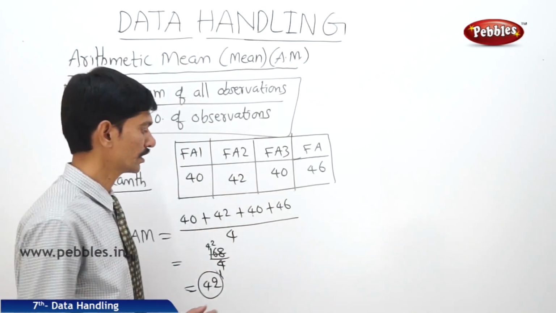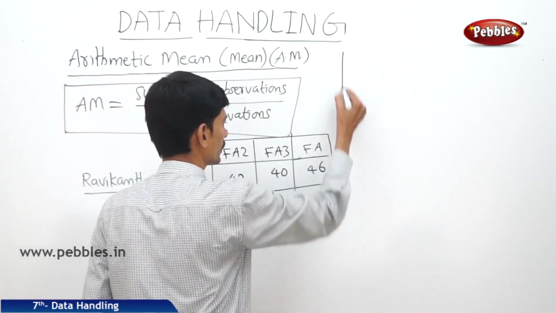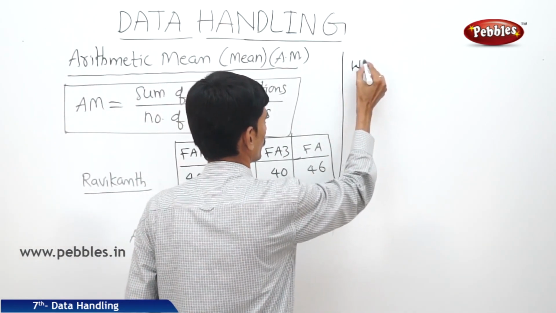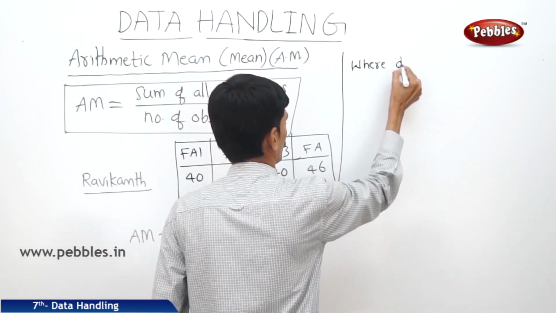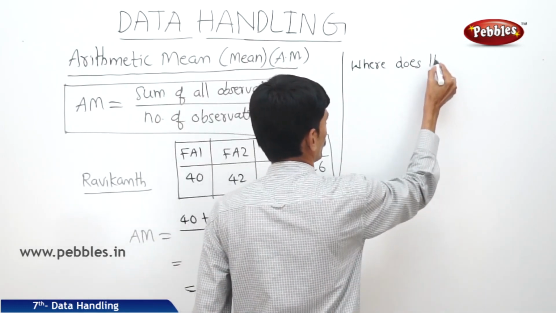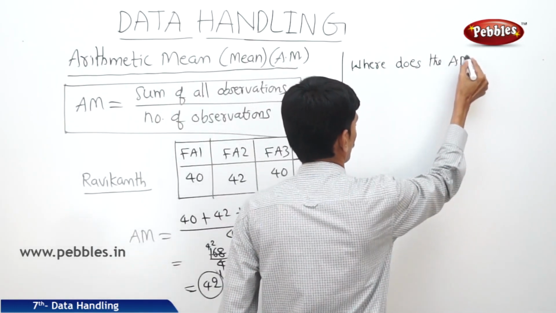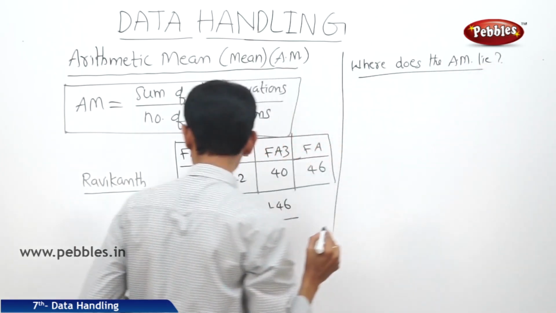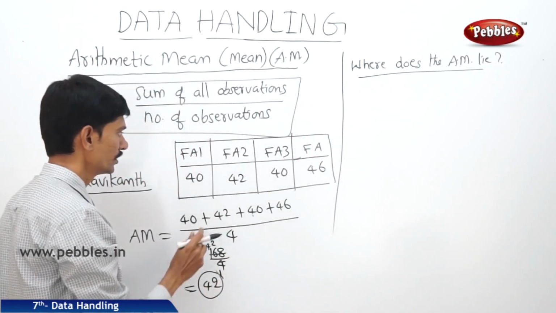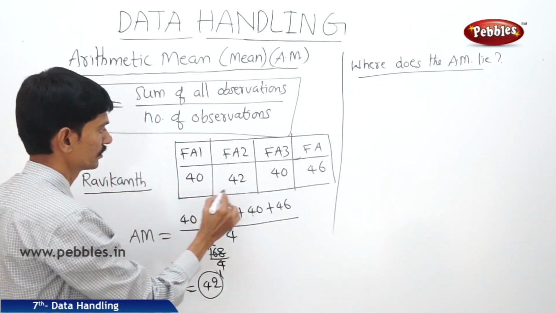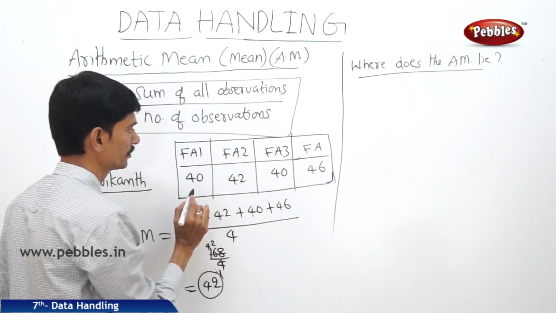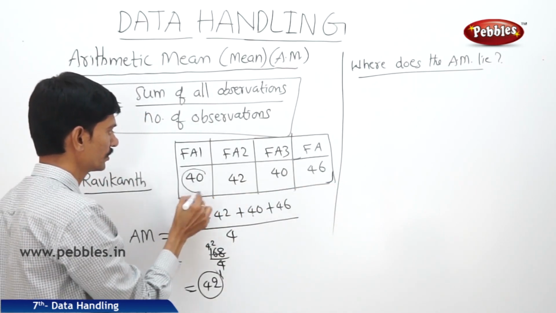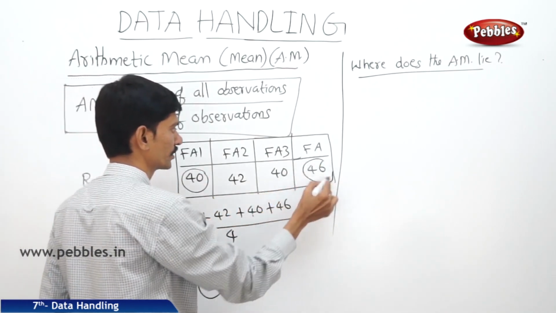Now where does the arithmetic mean lie? If you see this arithmetic mean 42, here the lowest value is 40 and the highest value is 46.